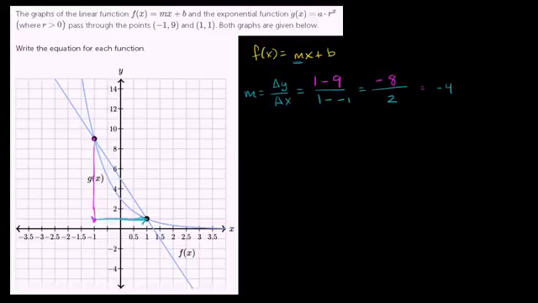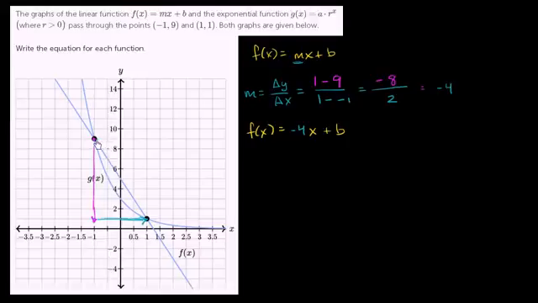And so now we can write that f of x is equal to negative 4, that's our slope, times x, negative 4 times x plus b. And you can see that slope right over here. Every time you increase your x by 1, you got to be careful here.